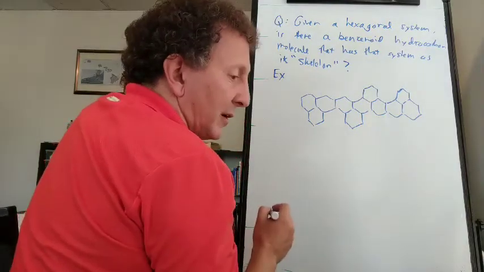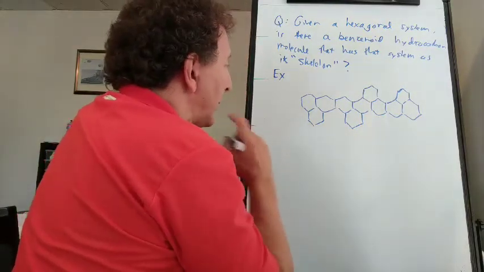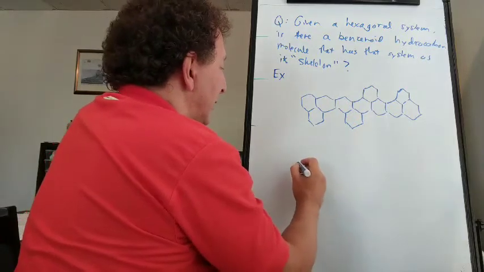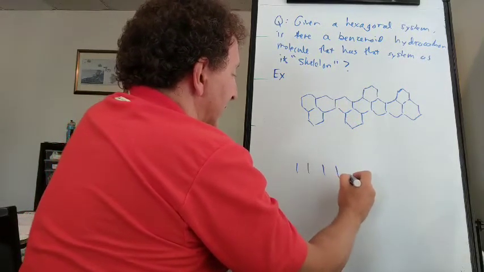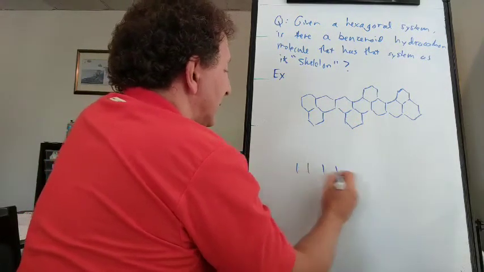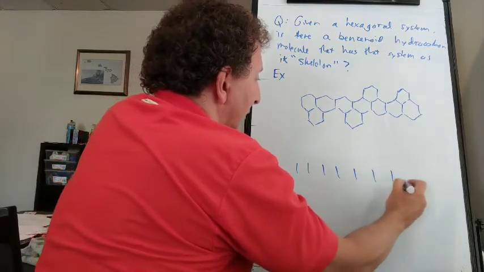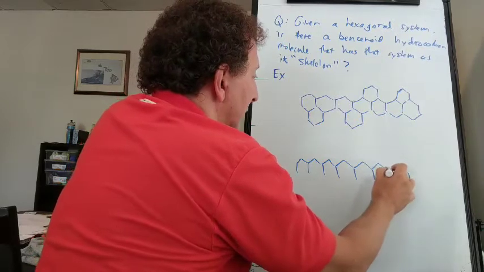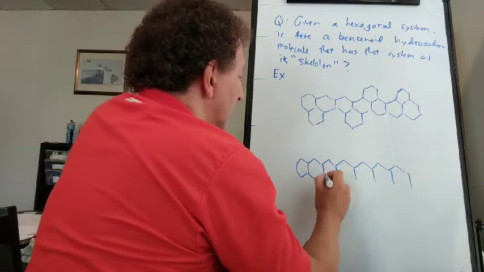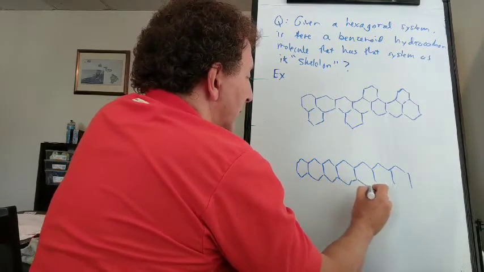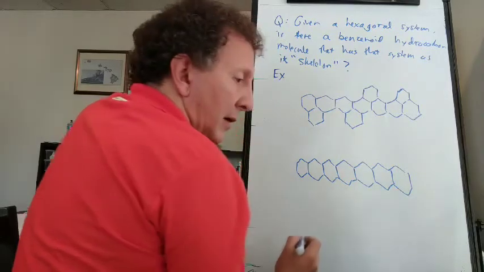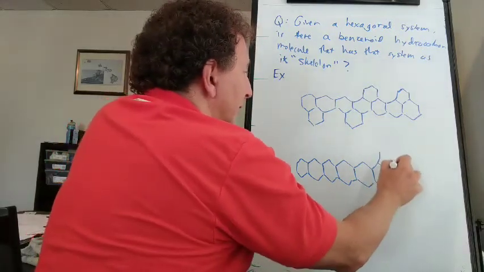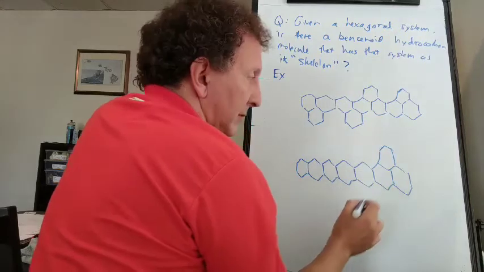Now let me draw a similar molecule or a potential molecule with 7 hexagons. And then I'll put hexagons above it in almost the same places.